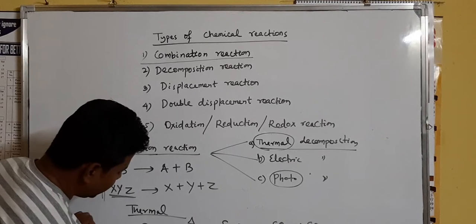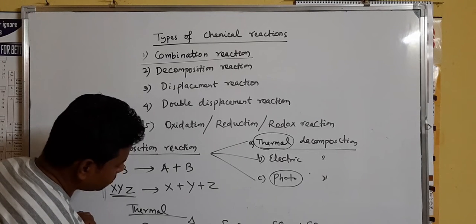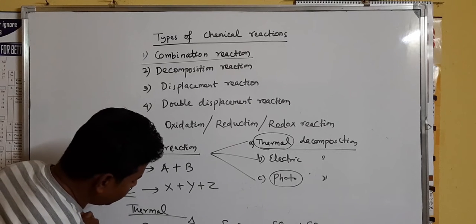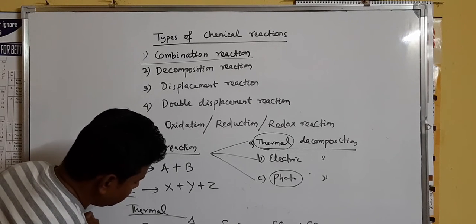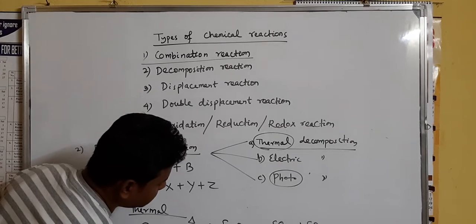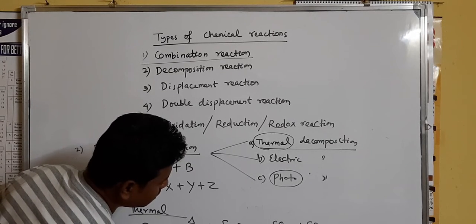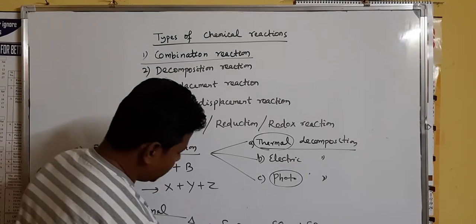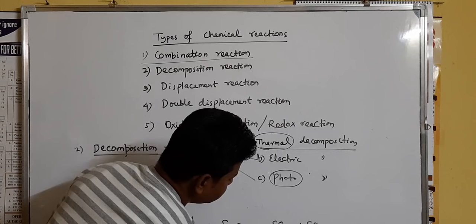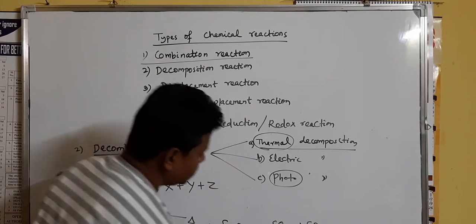Similarly, electric decomposition is the electrolysis of water. You know that if you take water and pass electricity through it, the water molecule breaks to form hydrogen and oxygen gas.